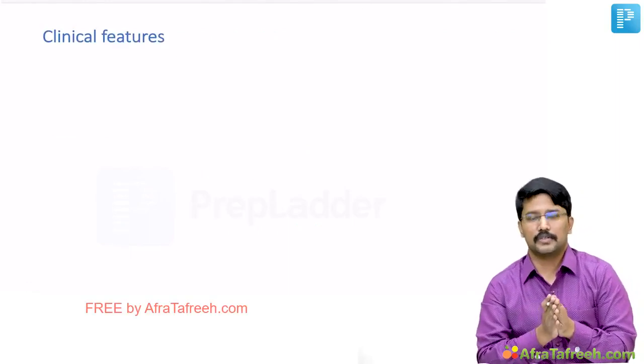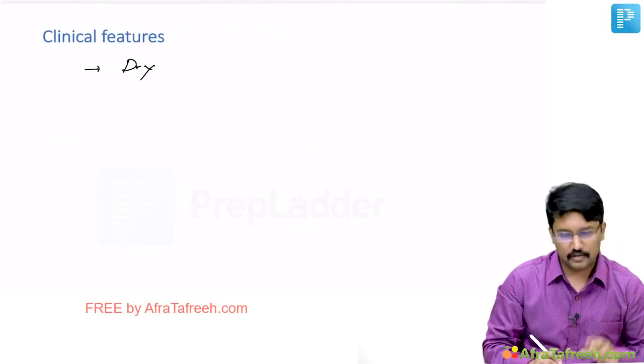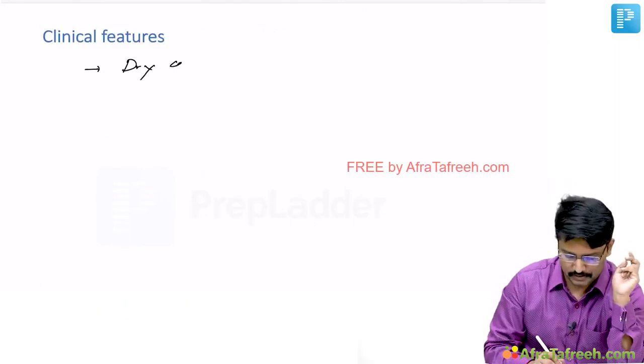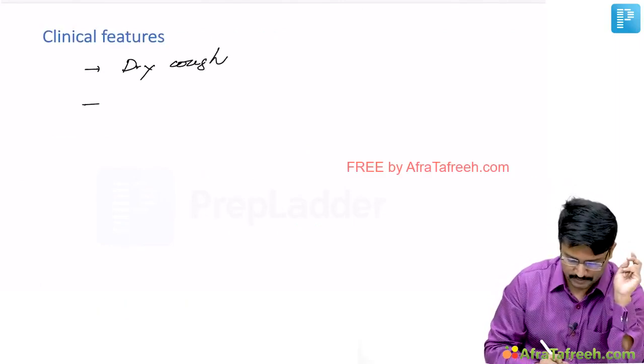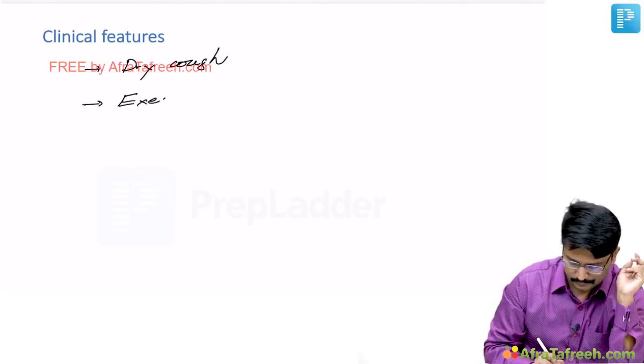Coming to clinical features, the classical presentation is with two cardinal features. One is dry non-productive cough and second is exertional dyspnea.